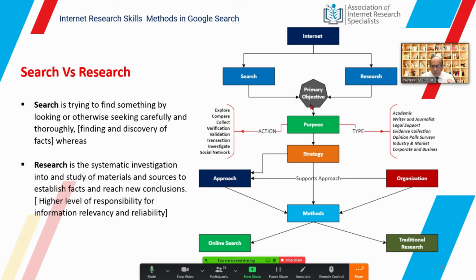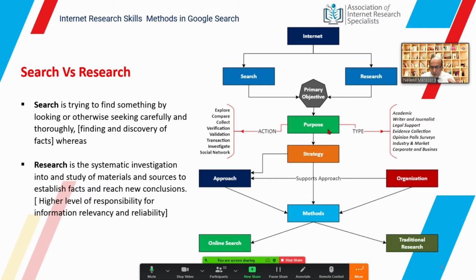The primary objective of any type of search, or you could say the purpose of your search, would have to be developed, identified, and covered for you to design any sort of strategy or work plan to do your search.